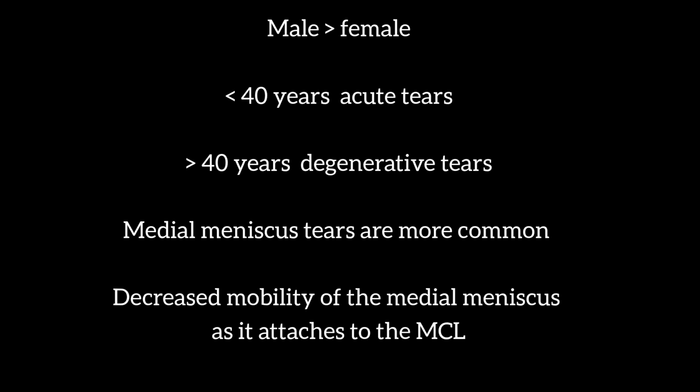Now we should know the epidemiological characteristics of meniscus tears. Males are more affected than females, due to sports and heavy work. People less than 40 years old are more likely to have acute tears, but people older than 40 have more chances to have degenerative tears.